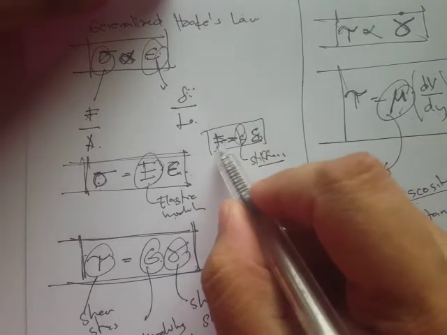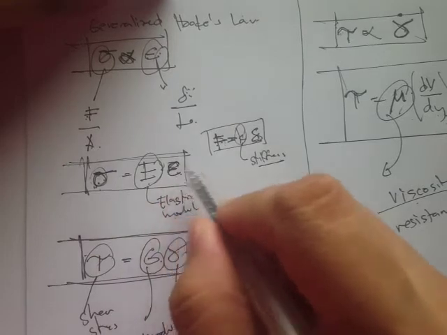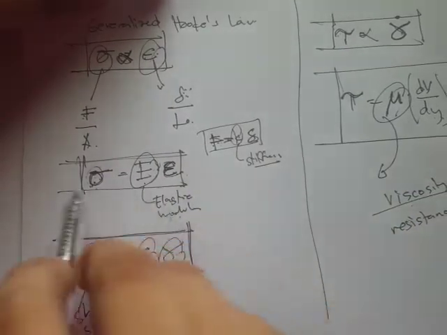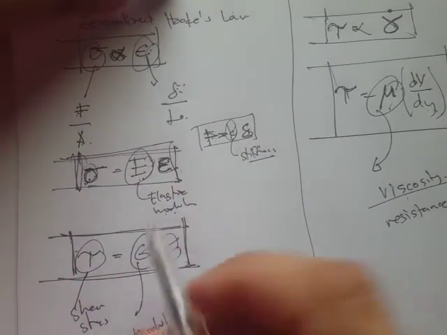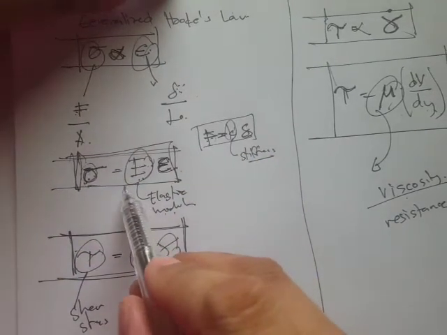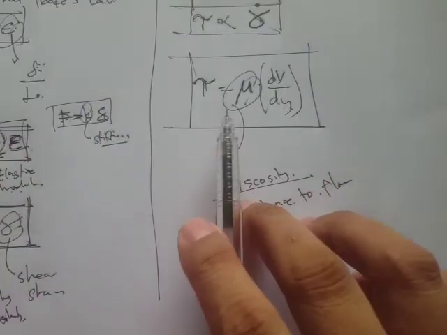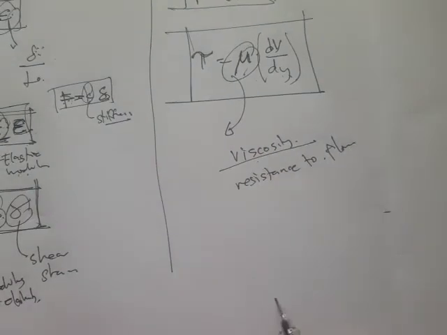But if it's force over area, which is stress, and the deformation divided by the original length, that's going to be this one, and that's the elastic modulus. Okay, so where can you find the data of this elastic modulus or viscosity for the different materials? You can find it in textbooks and other references.